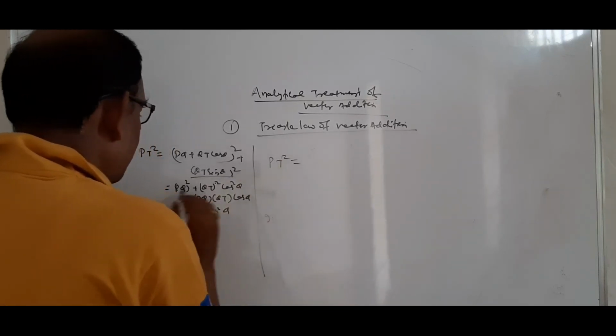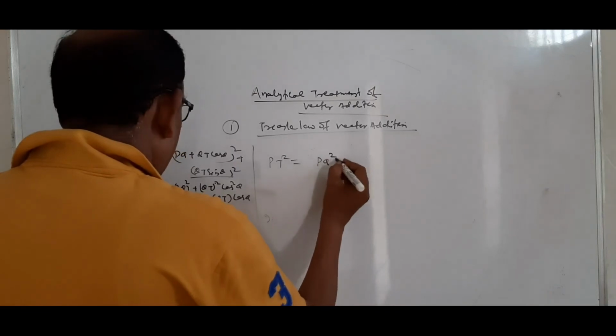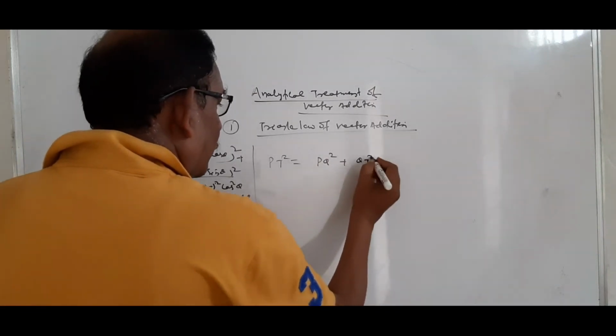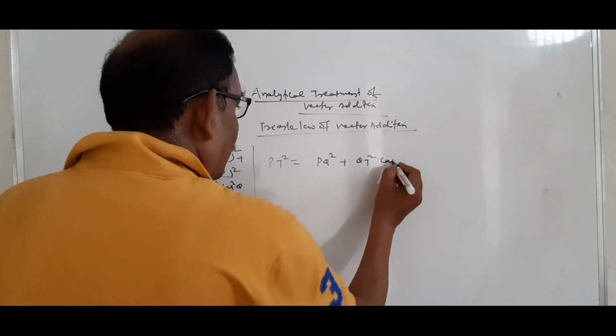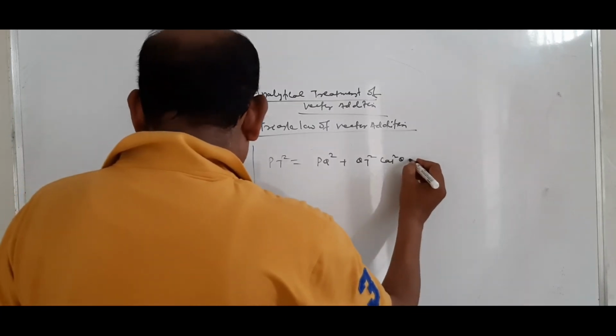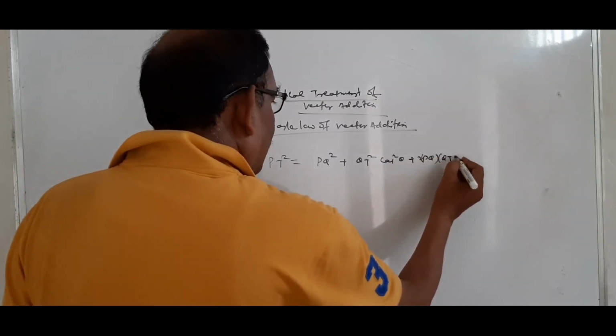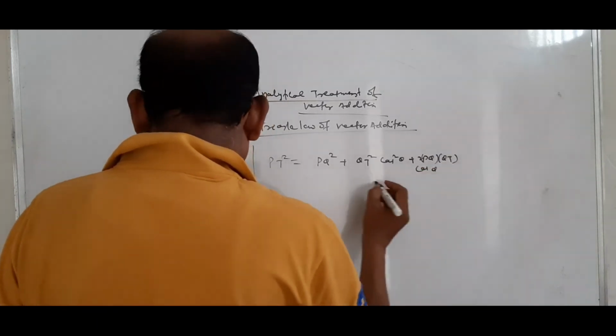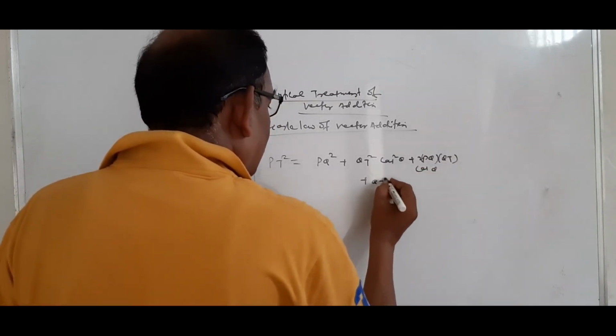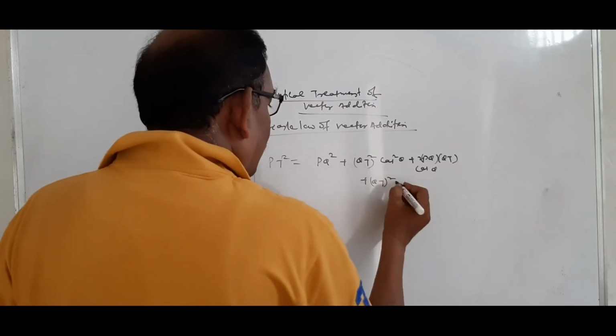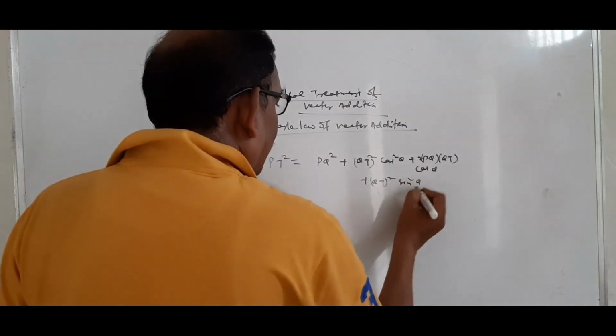PT square is equal to, it is your PQ square plus QT square cos square theta plus 2 PQ QT cos theta plus QT square sin square theta.